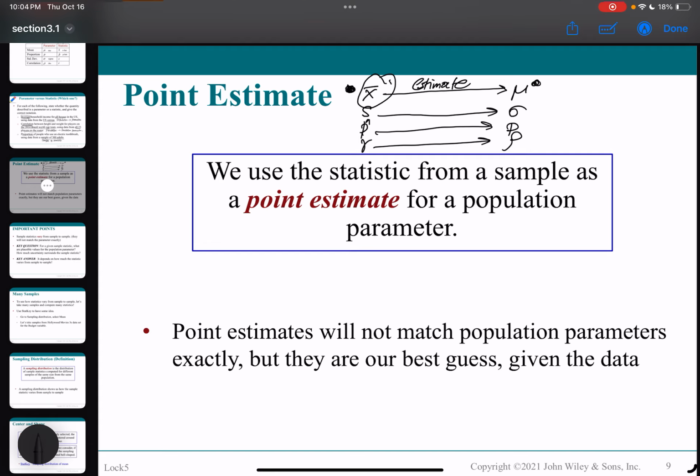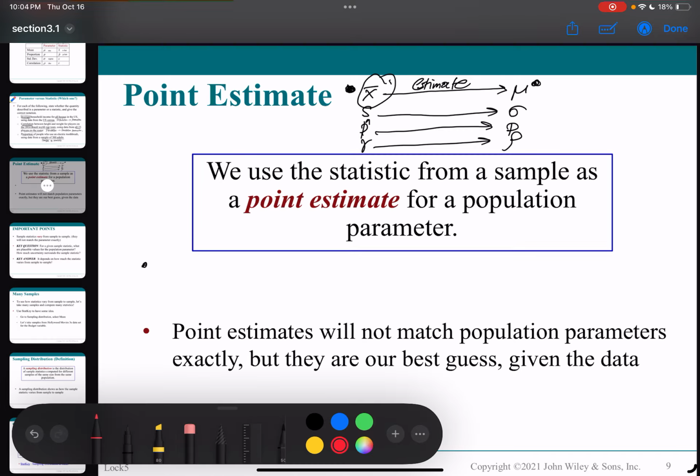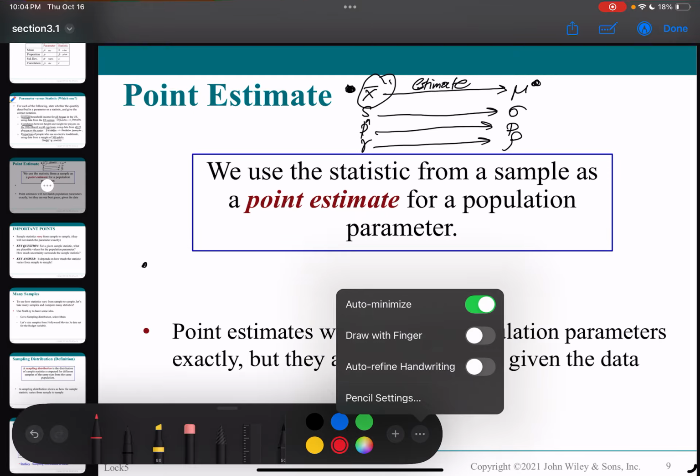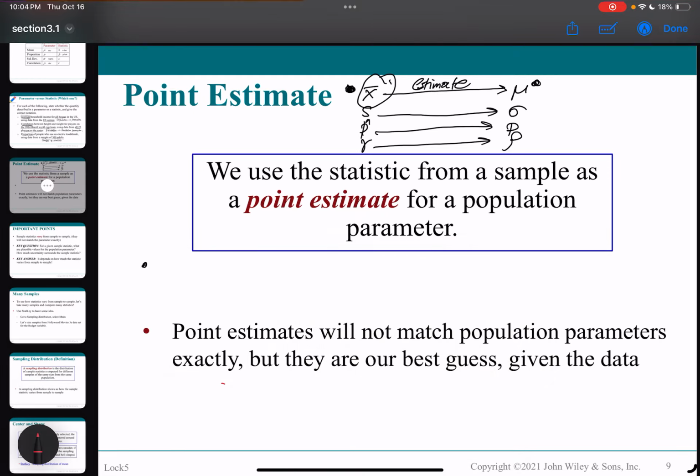For example, in my case, let me write it down here. Let's say x bar equals 5. In this case, x bar is the point estimate.